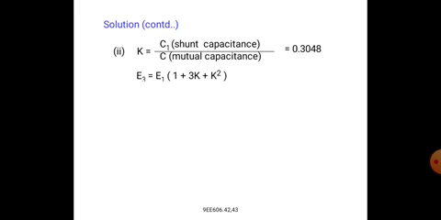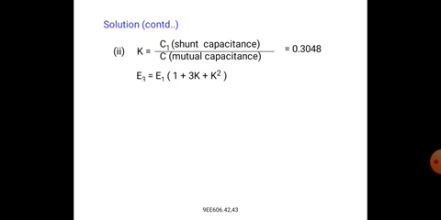So E3 is equal to 9.35 into (1 plus 3 into 0.3048 plus 0.3048 whole square).